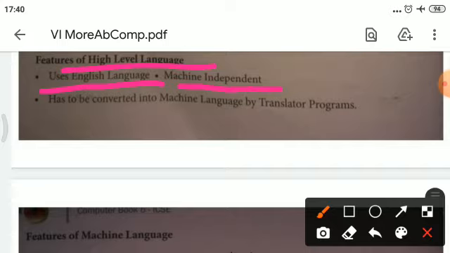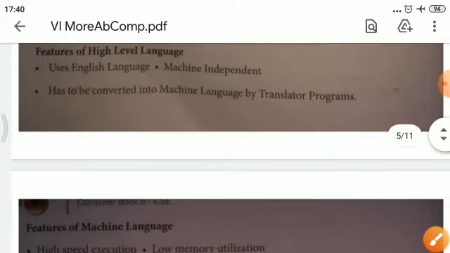And third feature is that it has to be converted into machine language by using a translator. Okay, students.